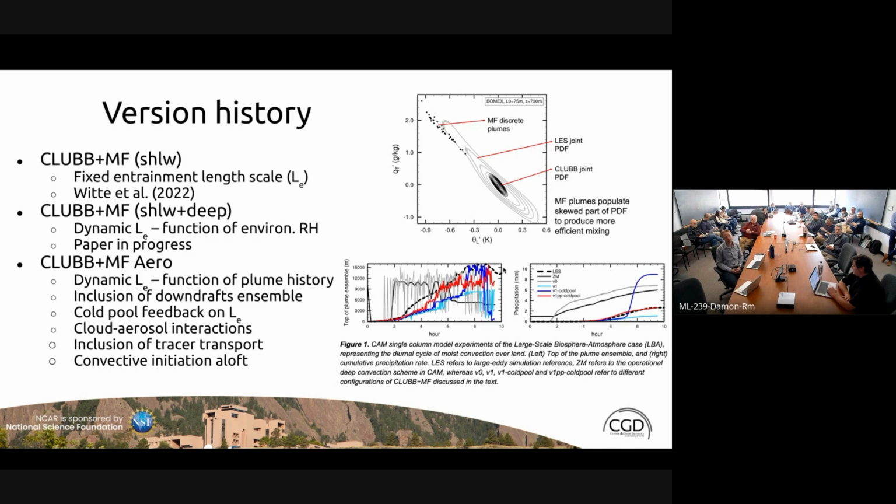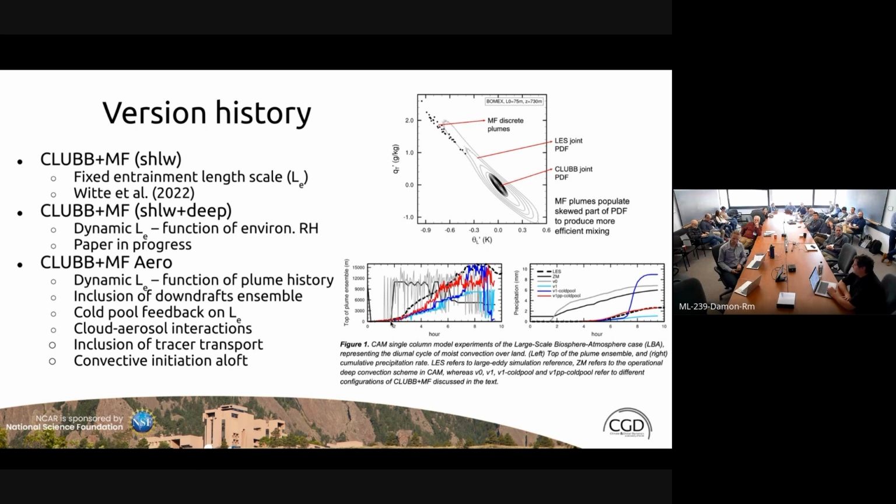Just to give an idea of what that looks like in a single column model case, this is the LBA single column model case over the first 10 hours. I'm just showing the top of the plume ensemble. In LES, the dashed line, you have a gradual growth of the convective plumes throughout the day. The shallow deep is these gray lines that have high frequency oscillations.